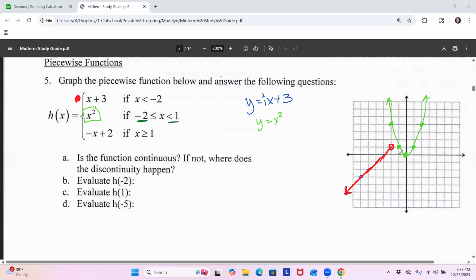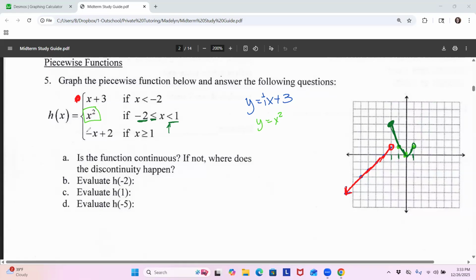So we're going to come to -2, 1, 2, connect, solid, because this does have the equal. Come over to 1, connect, open, because it does not have the equal, and then just connect those two. So only this little bit of the parabola lives. Erase the rest.